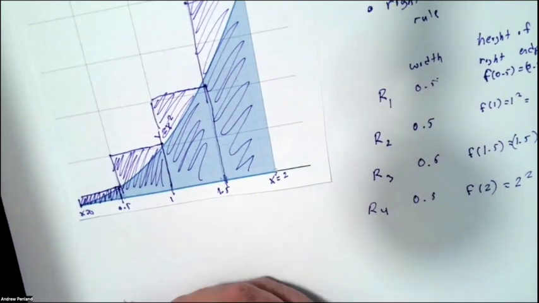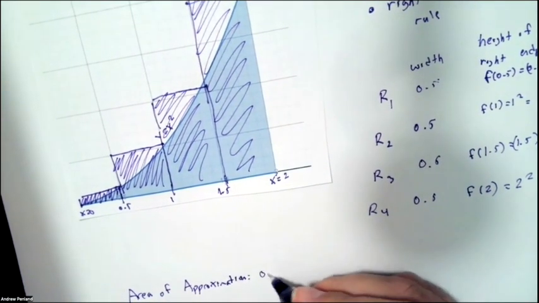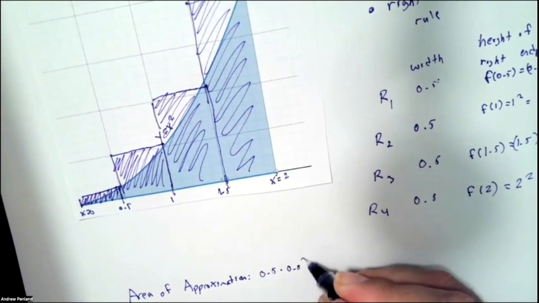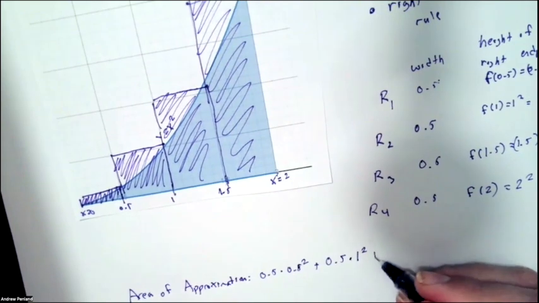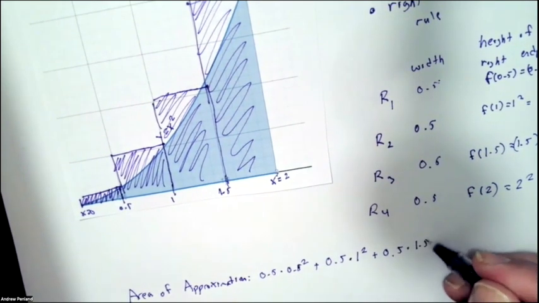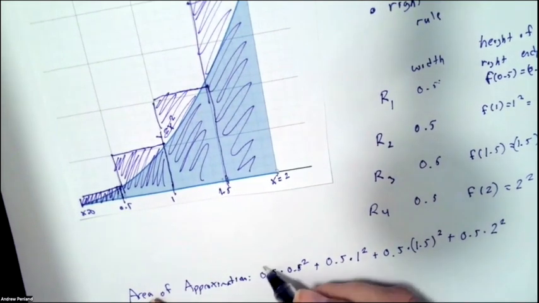So the area of my approximation would be 0.5 times 0.5 squared plus 0.5 times 1 squared plus 0.5 times 1.5 squared plus 0.5 times 2 squared.